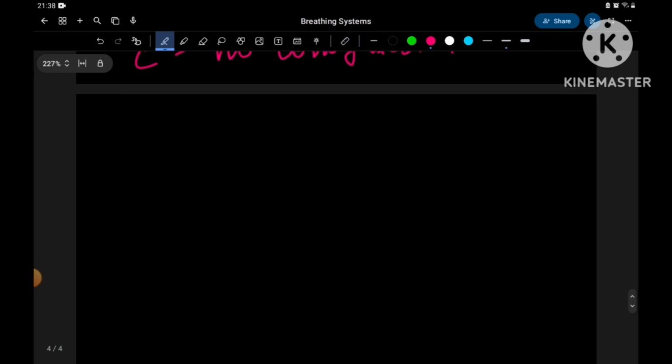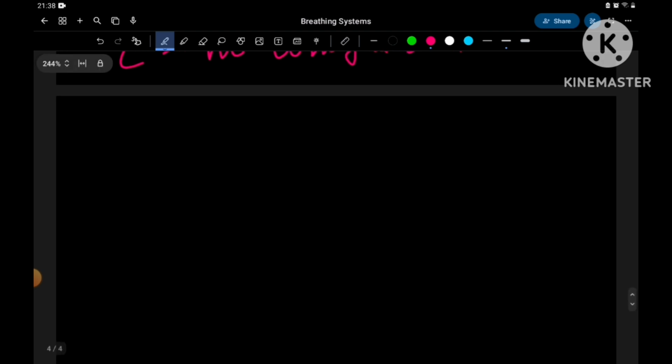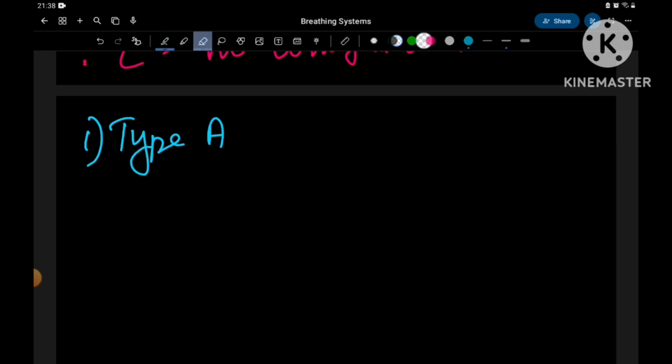Okay guys, yes. So what is this MAPLESON circuit used for? Let's just write the significant points of each circuit. Let's write that. See, first write with the same color. I think it will be good. Type A. I am writing a little faster.